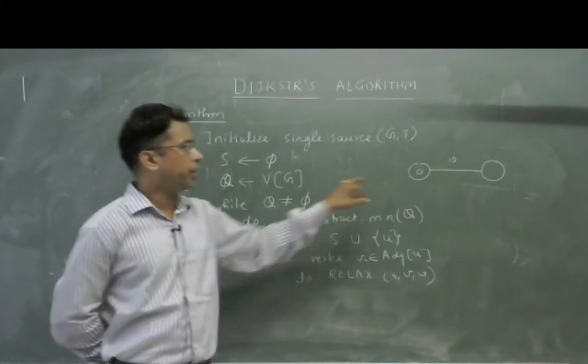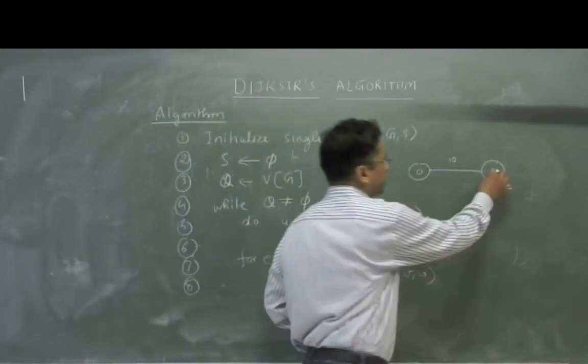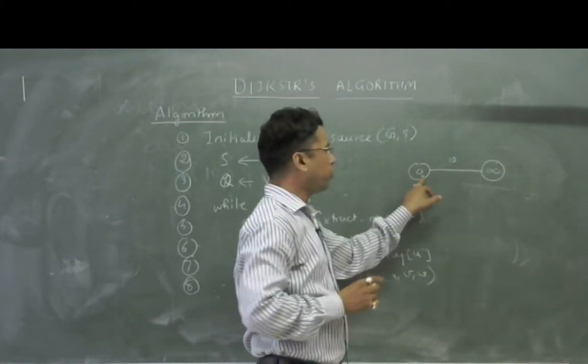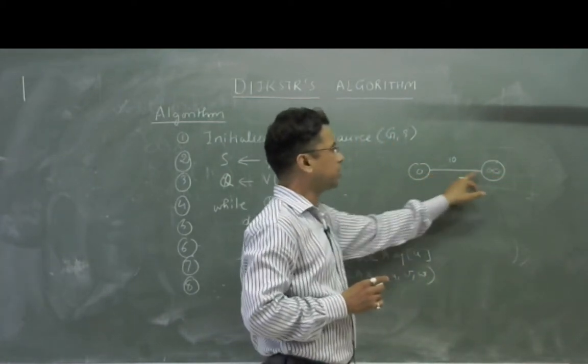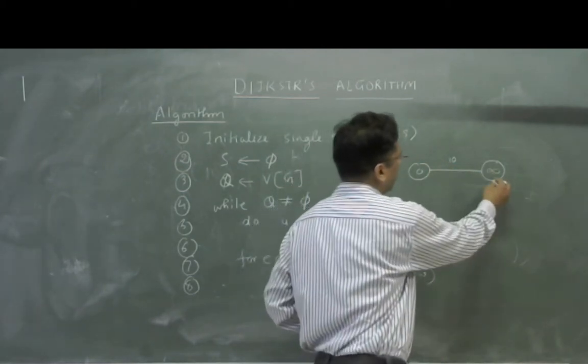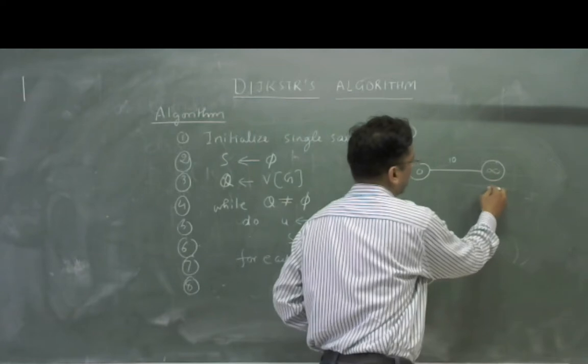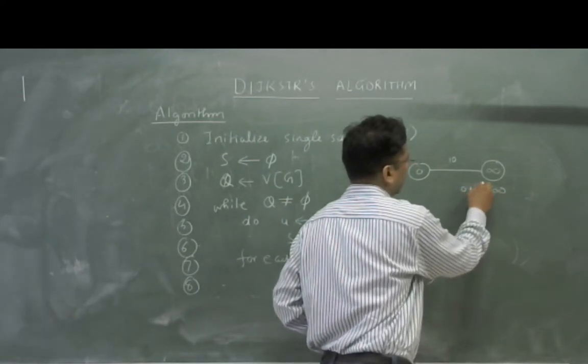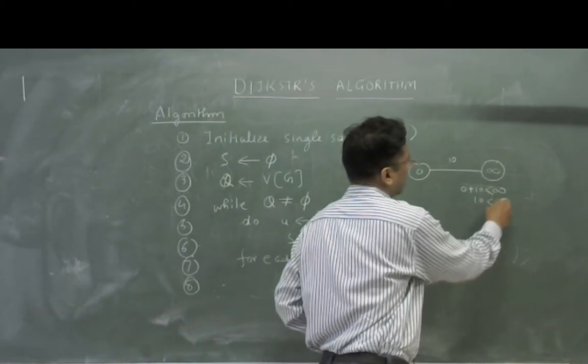Similarly, suppose this node was at distance infinity, and now we have found a route that is at distance 10 from this node. Then this node will be relaxed because 0 plus 10, or 10, is less than infinity.